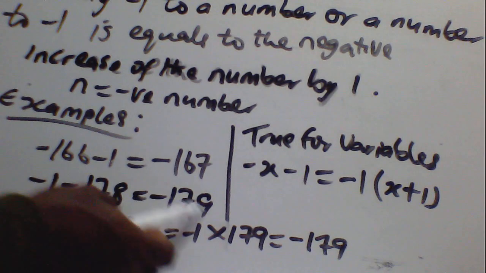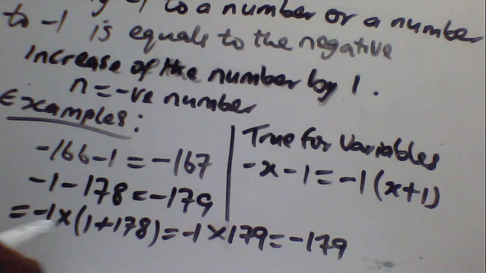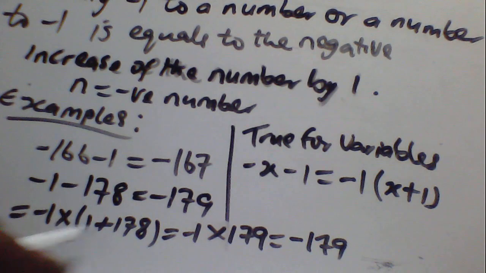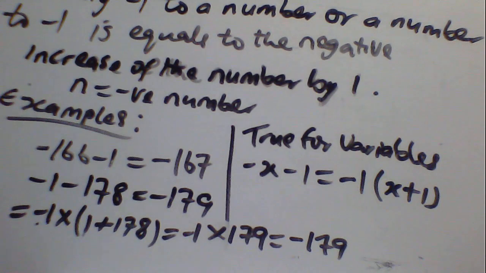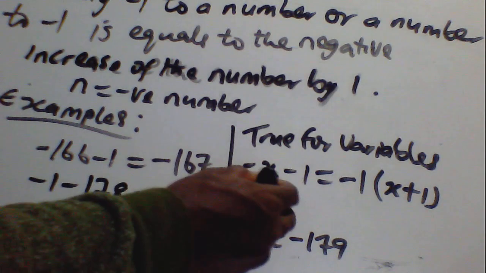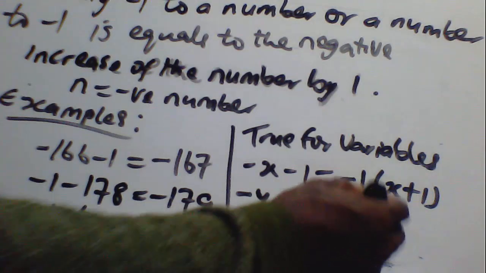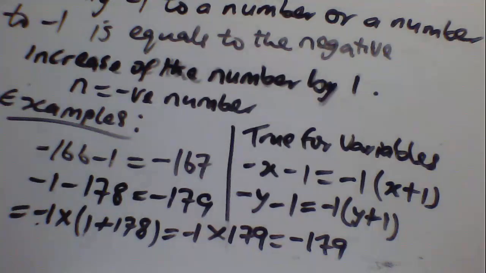So negative 178 minus 1 is equal to minus 179, or the product of the increase of the number by 1 and minus 1. So you have minus y minus 1 is minus 1 in bracket y plus 1. So it is also true for variables.